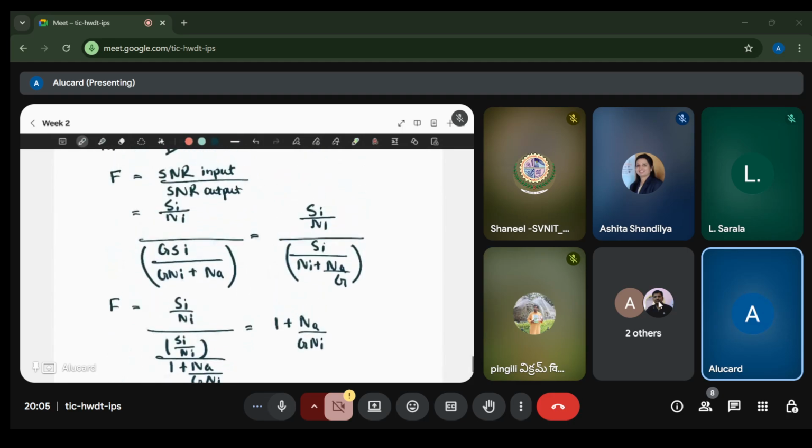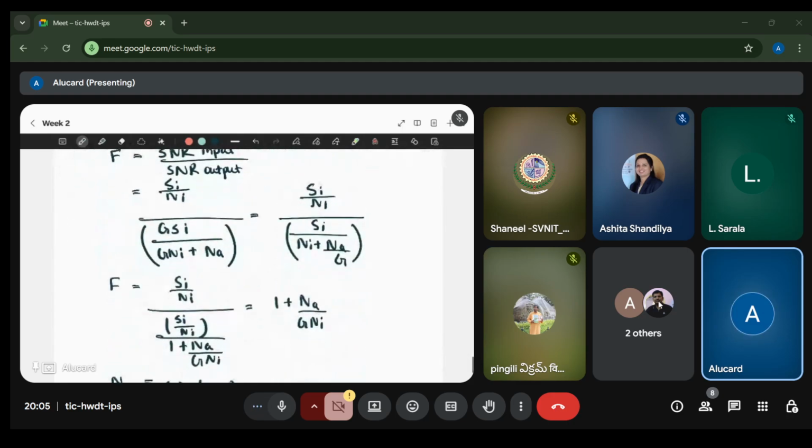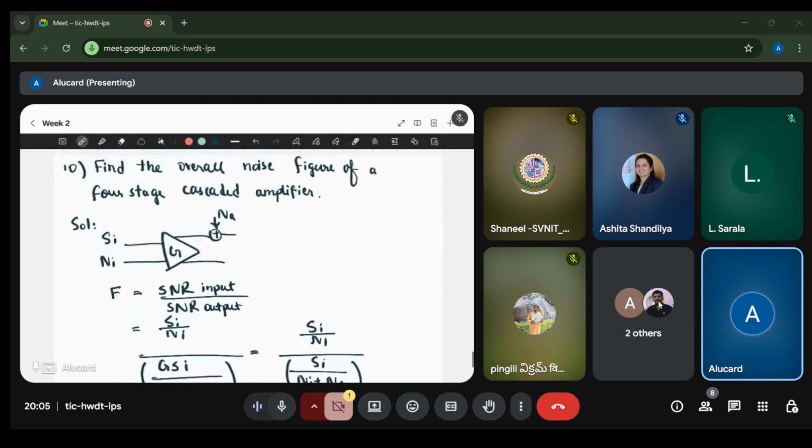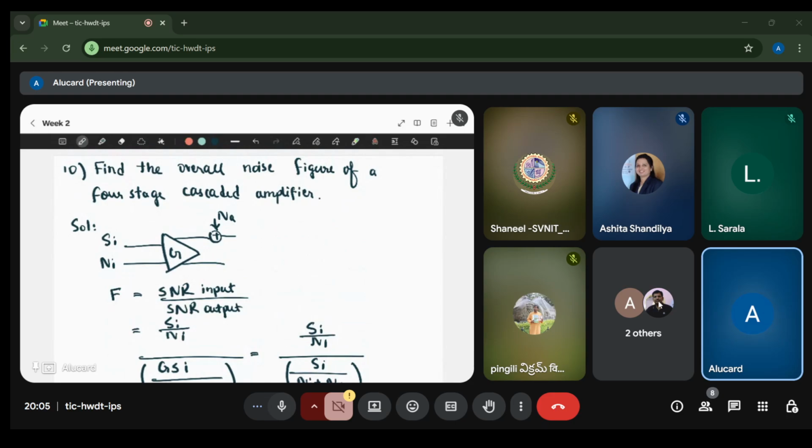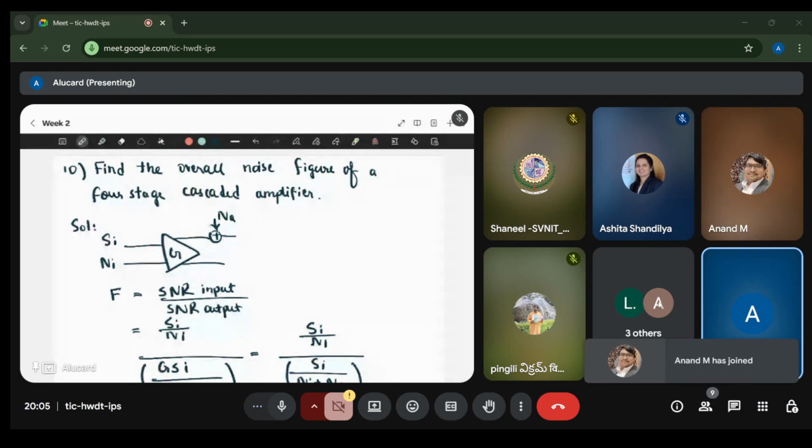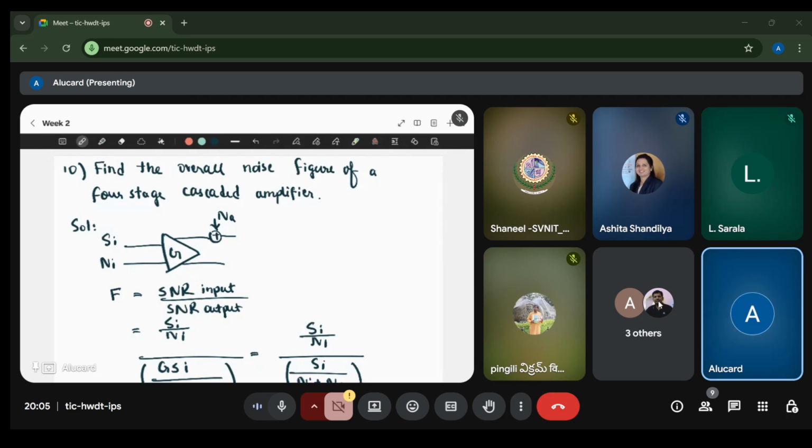Okay, now I have given you the noise figure for a single stage amplifier. How to do it for a multi-stage amplifier? You can try to think of it yourself, or you can go back to the lecture and watch it. Professor had explained the derivation for a multi-stage cascaded amplifier. So essentially what happens is that the noise figure at each stage is suppressed by the gain of the previous stage.